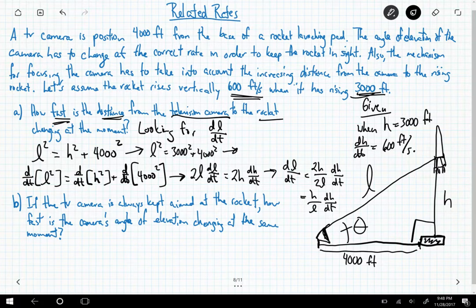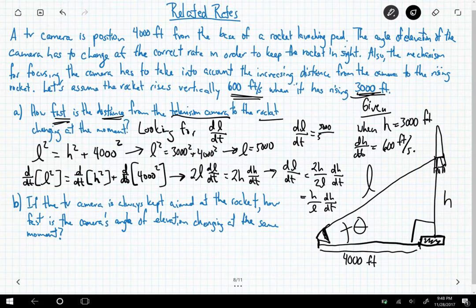You can solve it if need be, but L will equal 5,000. So what does that mean at the end of the day? Well, that means that dL/dt in our case equals h over L. So h, what is it? Well, it's 3,000.